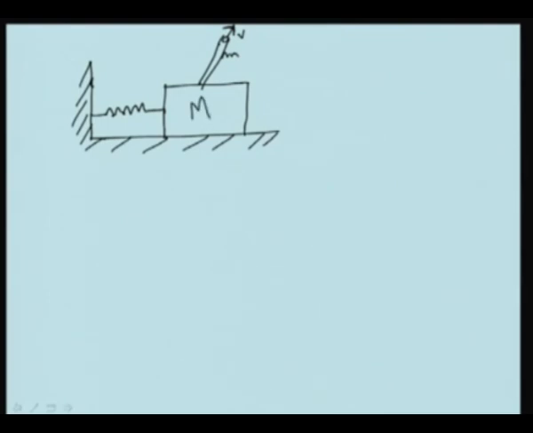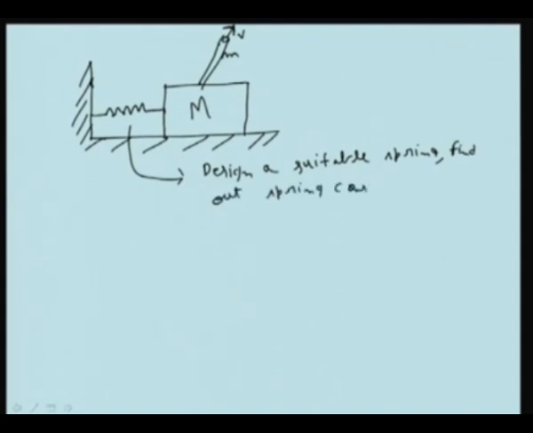Then you have to find out, if you have to design a spring whose stiffness should not increase, the design problem may be: design a suitable spring, which means find out the spring constant so that the maximum displacement, deflection, is limited to delta.